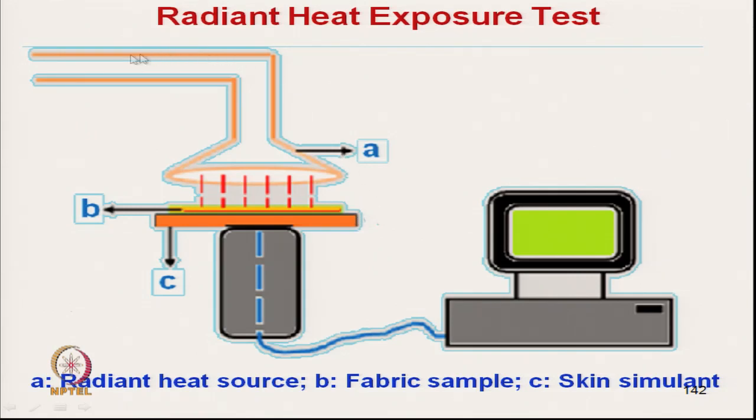A is the source of radiant heat. Here a radiant heat lamp is the heat source, and on the other side C is a skin simulant.